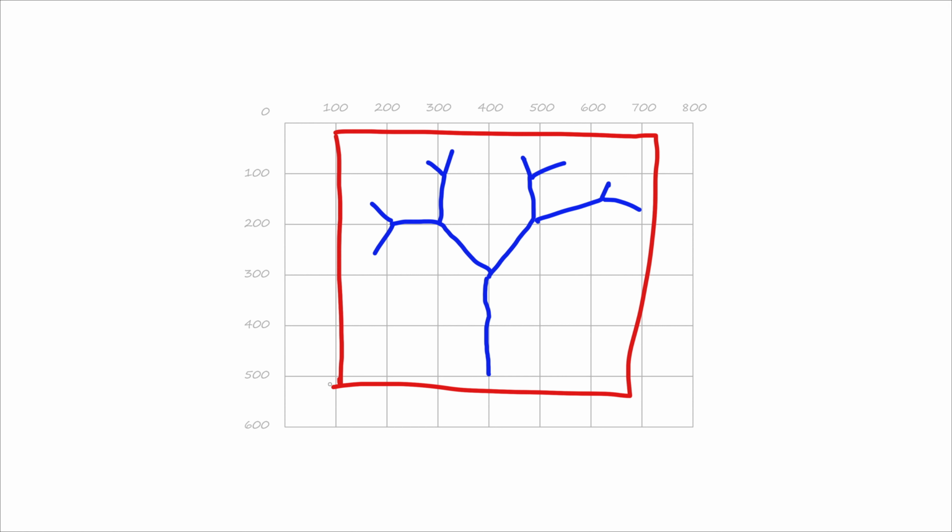Now, instead of describing every single branch in that, we can say that a tree is a line, which is a branch or a trunk. It's this one here, plus a smaller tree going to the left and a smaller tree going to the right.